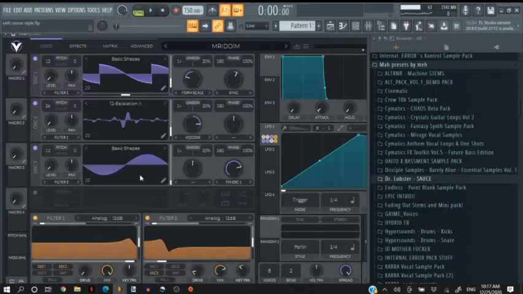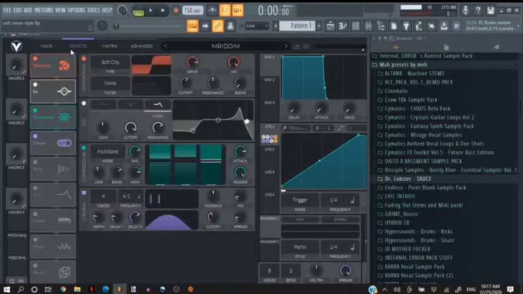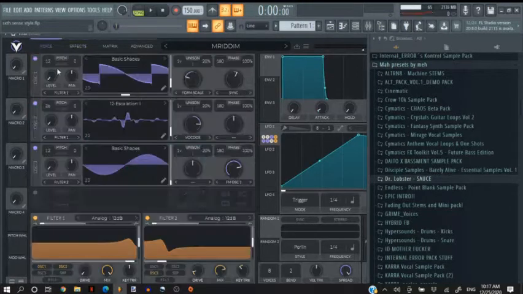it's a pretty complex patch. I just used some Serum tables and some stuff, I guess. I don't even know what I was doing at this point. But there was some FMing, a lot of work in this unison tab. Some effects, some distortion and EQ, chorus. And the filters were pretty cool.